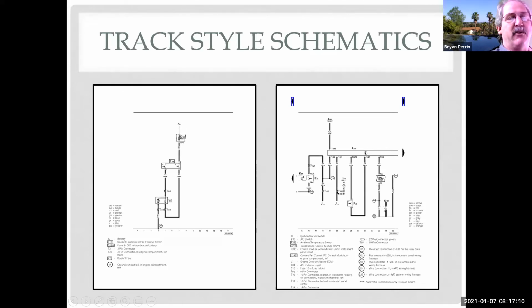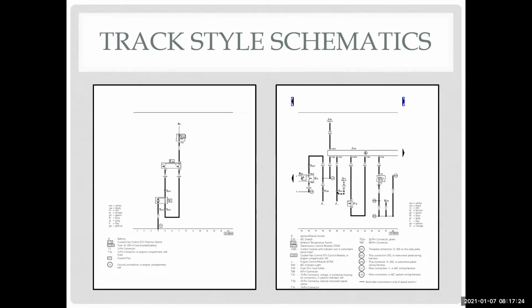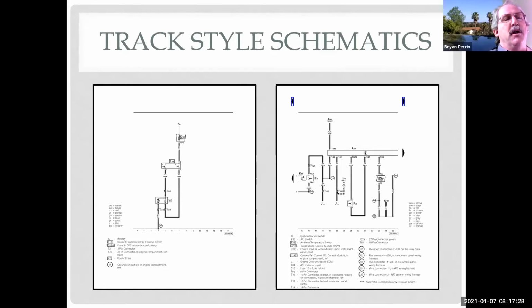Everything has little acronyms next to it, and I have to use the decoder at the bottom of each page. A lot of people get very confused using these on European vehicles. So they like to use Mitchell or aftermarket schematics where everything's drawn like they're used to seeing on a domestic vehicle. The problem is they normally make tons of mistakes when they do that, and the schematics are not accurate.